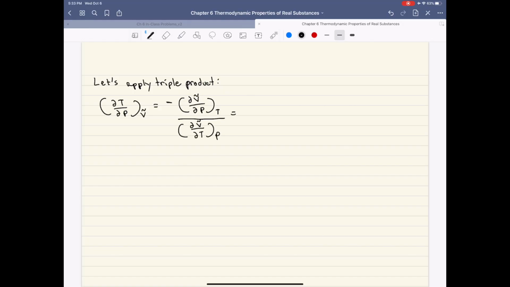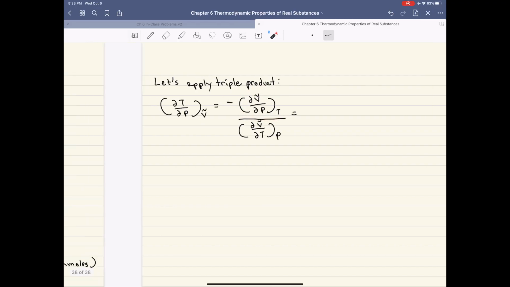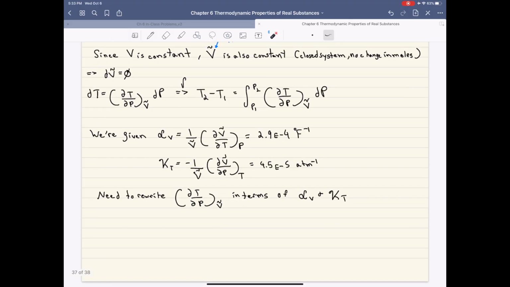Now we have the partial derivative of volume with respect to pressure at constant T over dV/dT at constant P. For negative dV/dP at constant T, that's basically what we get in the kappa T parameter, except we just move the V to the other side.